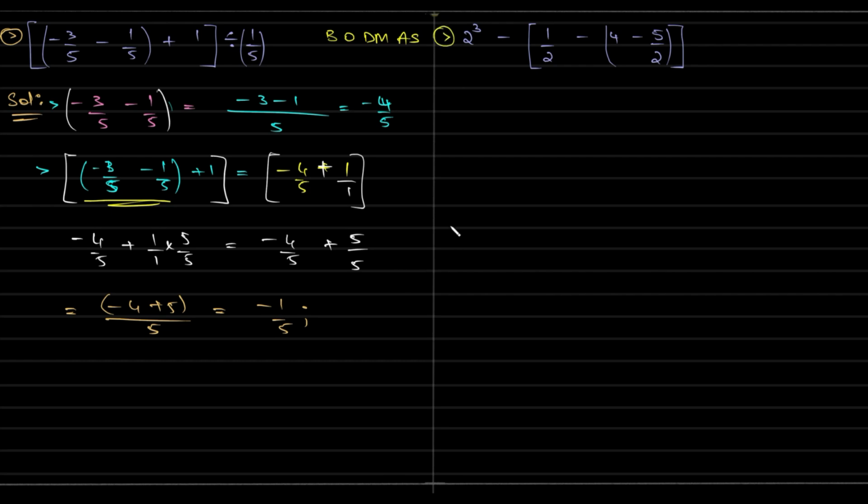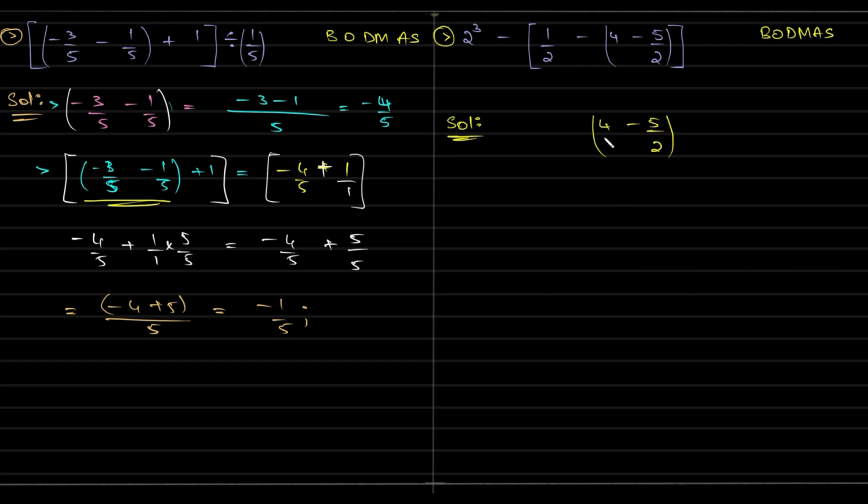The last question. So we have BODMAS. Brackets are there. So let's start off with the brackets. Within the brackets we have one more bracket, but let me do the small brackets first.